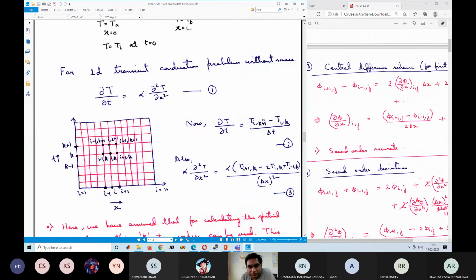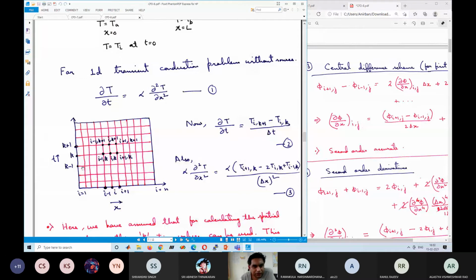You can use central difference also, but for this type of problem we generally use forward difference. There is a reason for that: to get the next grid point value, we can use only the previous grid point value. If you use central difference, you need much earlier values. So in this type of problem, we can use forward difference.